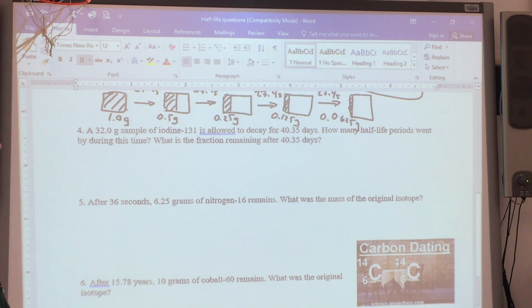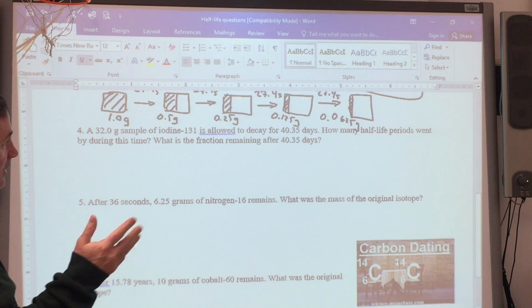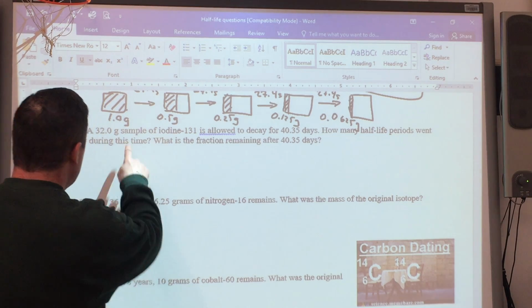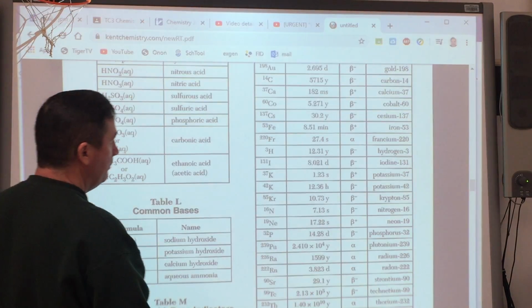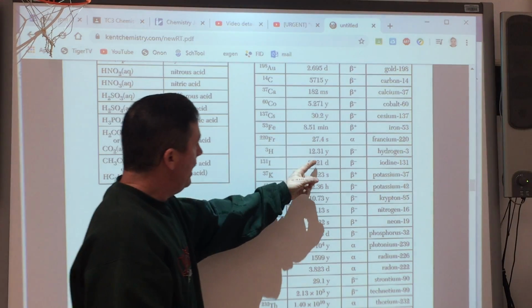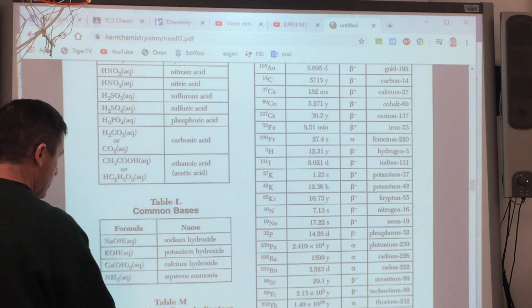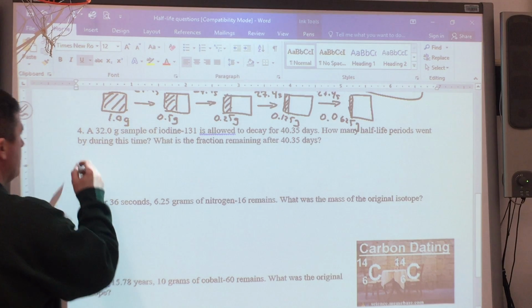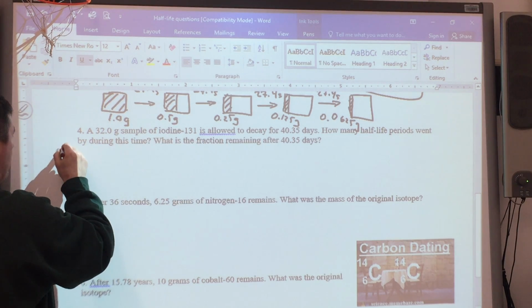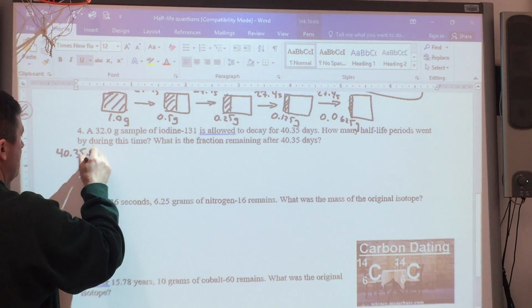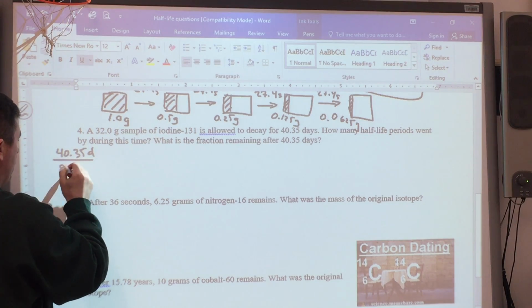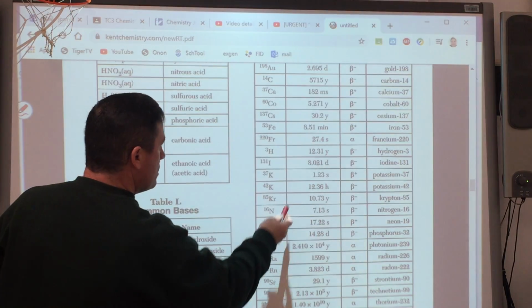Number 4. A 32 gram sample of iodine-131 is allowed to go for 40.35 days. Same question. This time I'm looking for iodine-131. There it is. 8.021 days. So 40.35 days over 8.021, is that what it was?